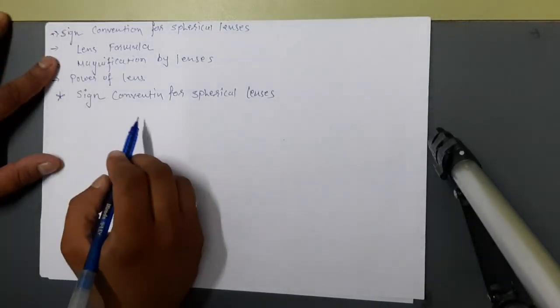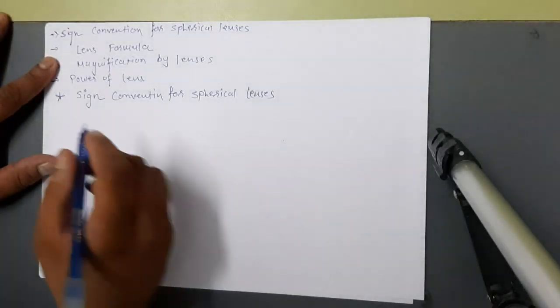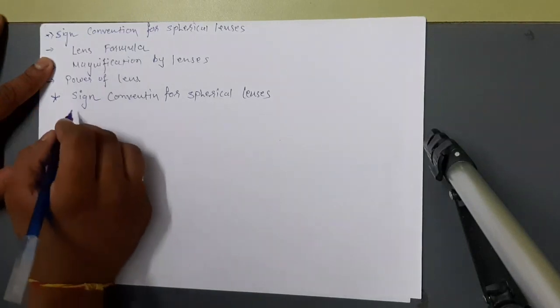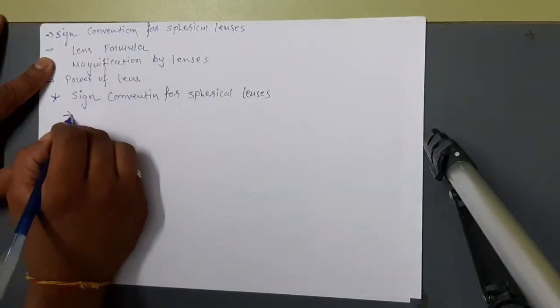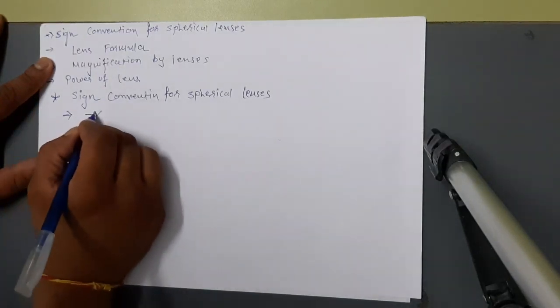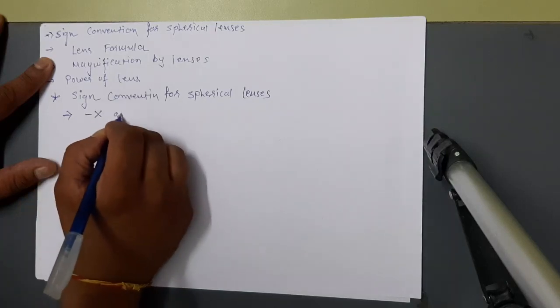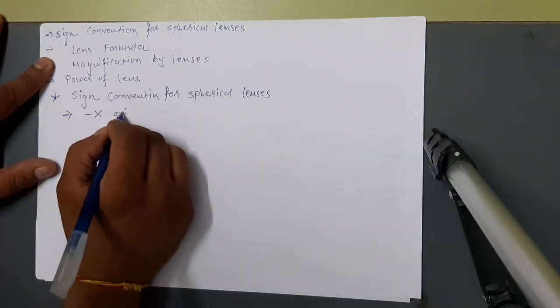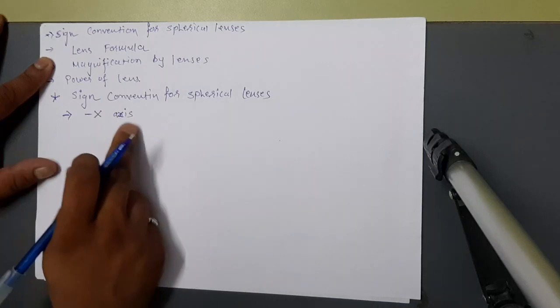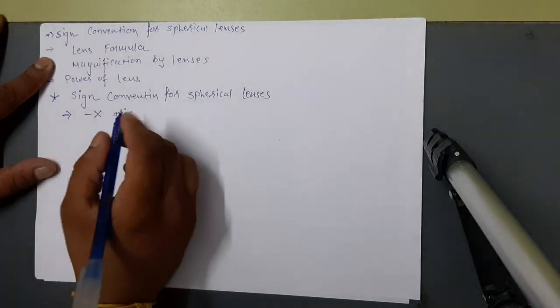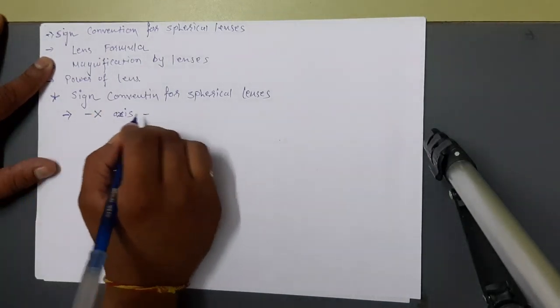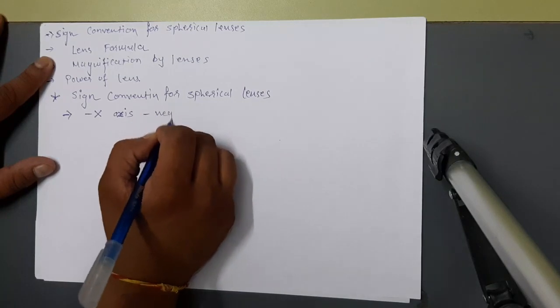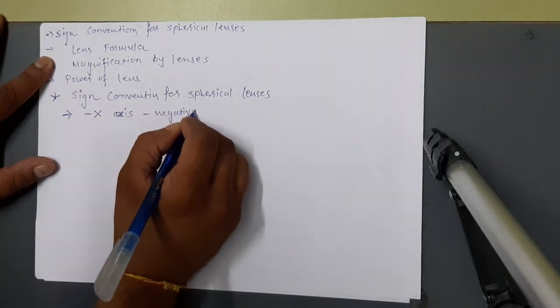The rules for sign convention for spherical lenses are the same as for mirrors. If a distance is along the negative x-axis, it will be negative.